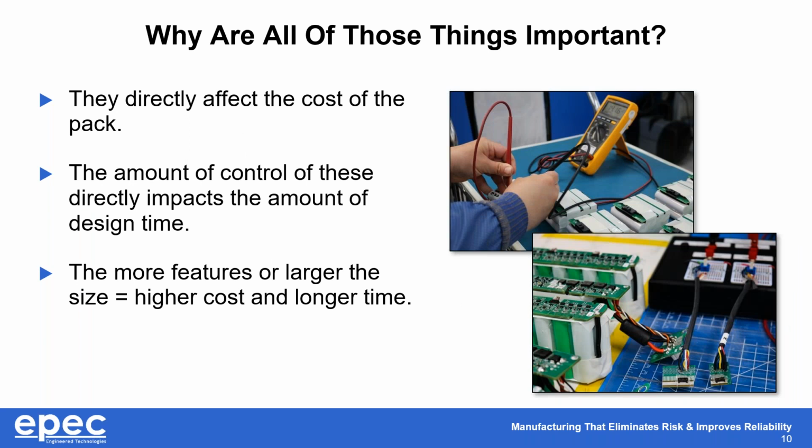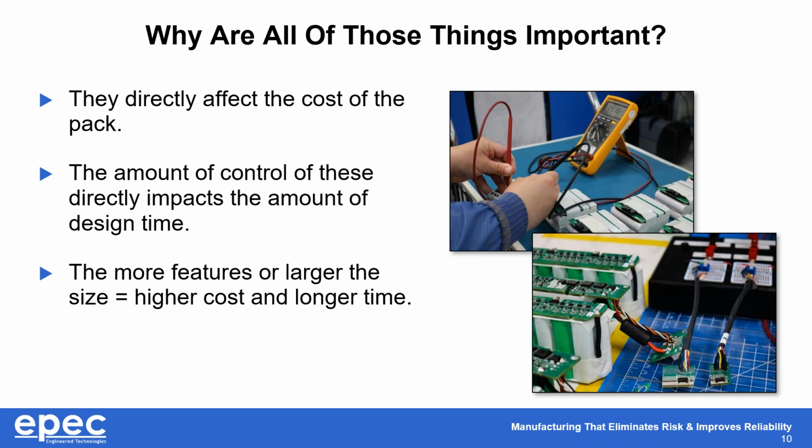And why are all those things important that we just talked about? Well, first of all, every single one of these is going to directly affect the cost of the battery pack, and for a couple of reasons. Because you're going to add all these very complex functions to the battery and create a larger printed circuit board, more additional and costly IC components, and it also impacts the amount of design time.